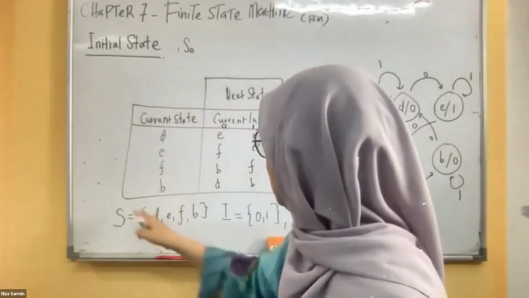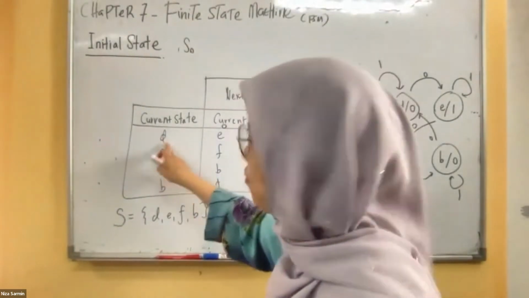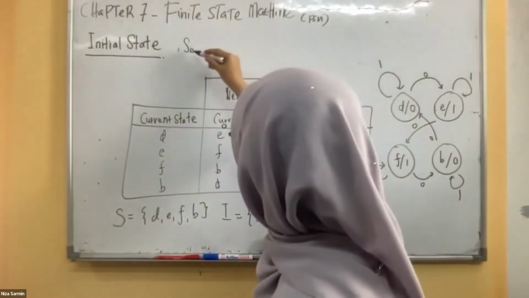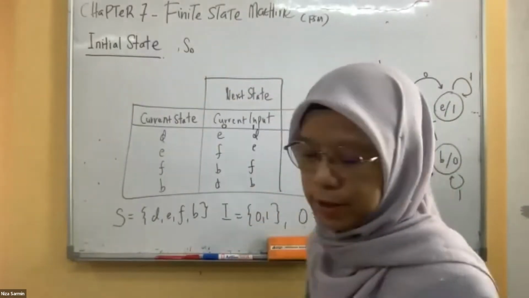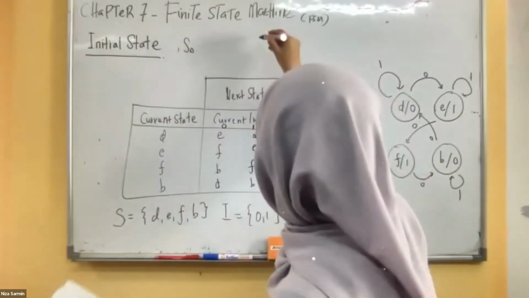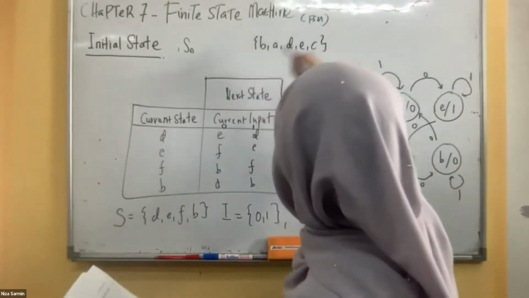So for this one, it's D, right? The initial state for this one is D. If you have A, what is the initial state?